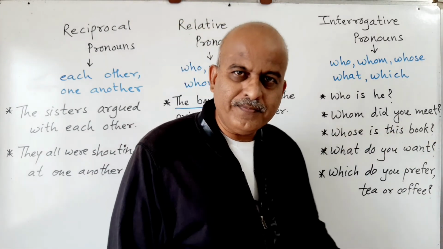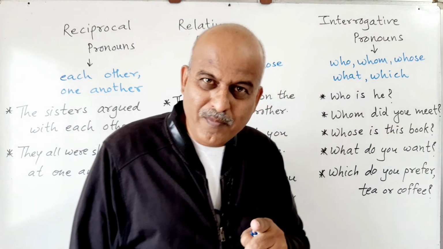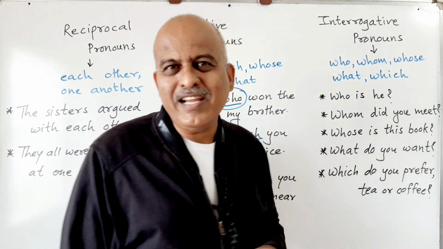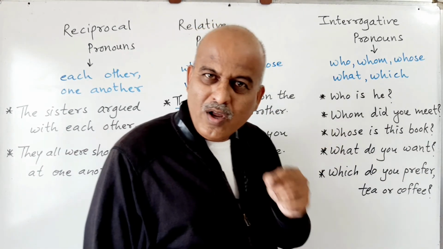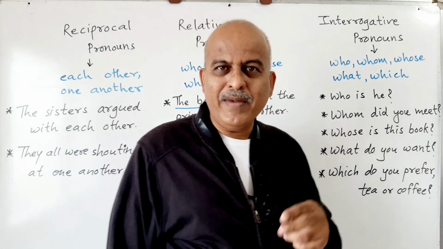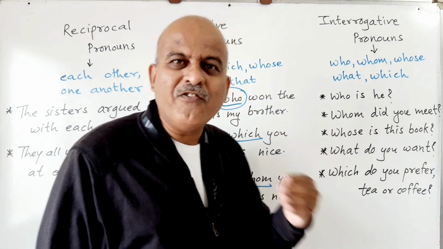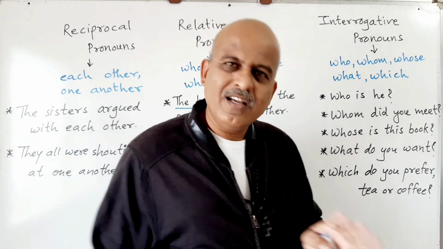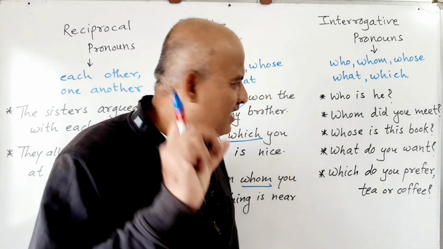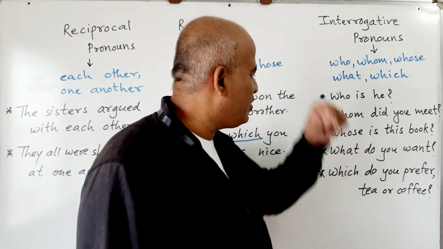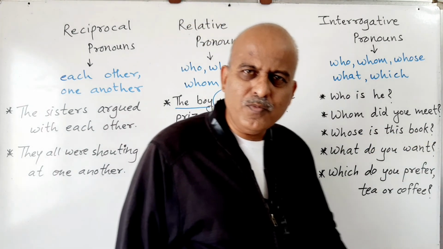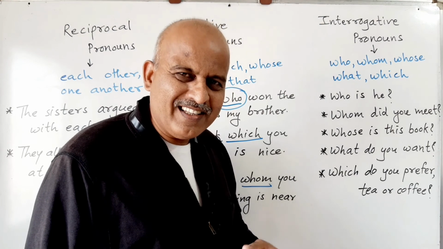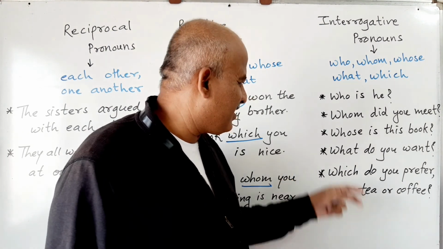Whom did you meet? Your answer will be a person's name or a pronoun. I met him, I met my brother, I met my father, I met Ganesh. A noun or pronoun will be your answer. So whom is an interrogative pronoun. Whose is this book? You will tell me the name of the person.